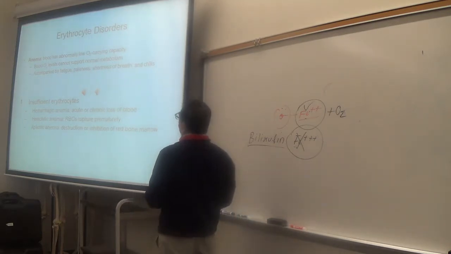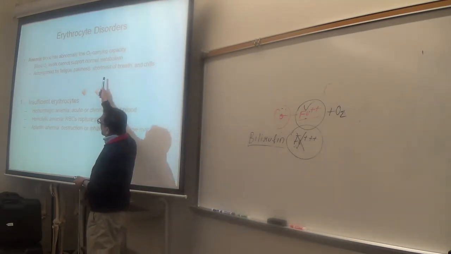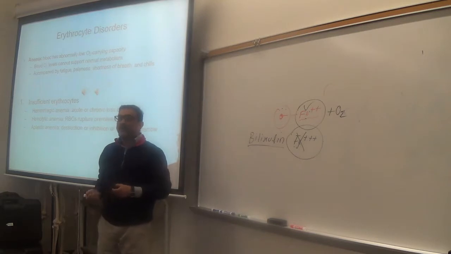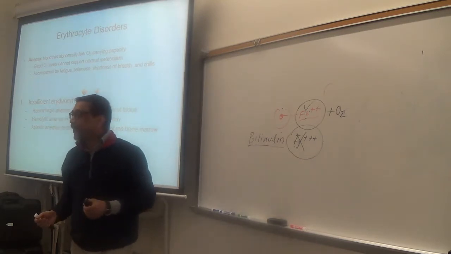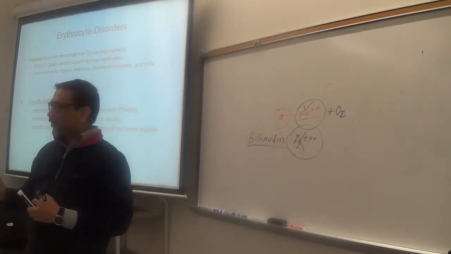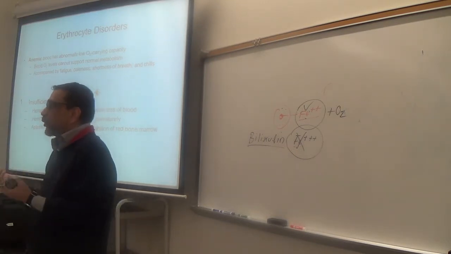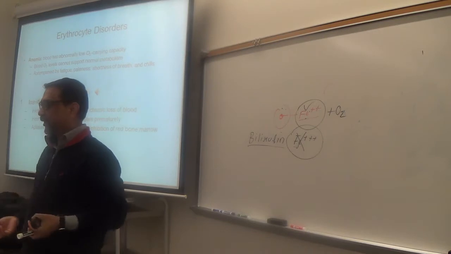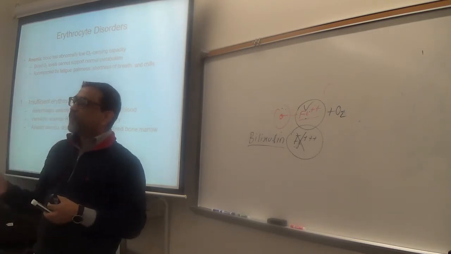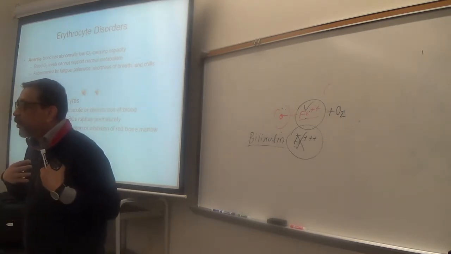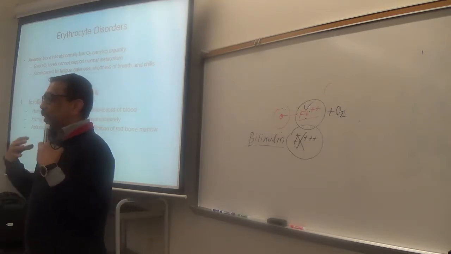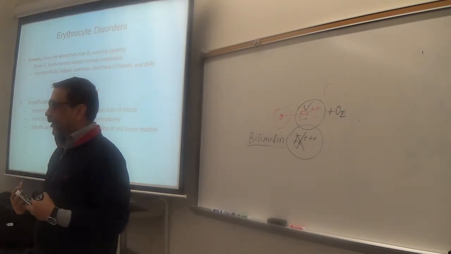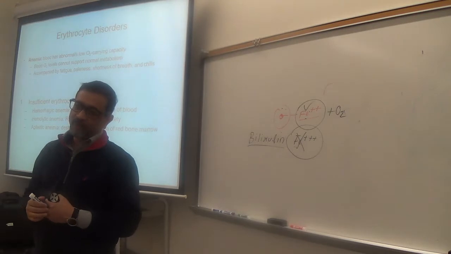Now, you know that oxygen is essential for metabolism. You remember? Oxygen and nutrients. Those two things we regularly get from outside, right? 24 hours we get oxygen. So if oxygen amount is low in your body, the metabolic activity will go down.